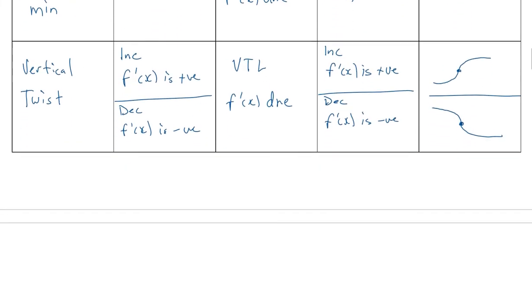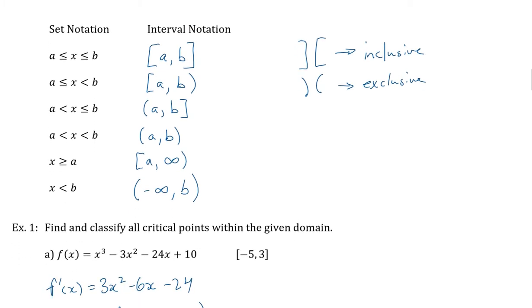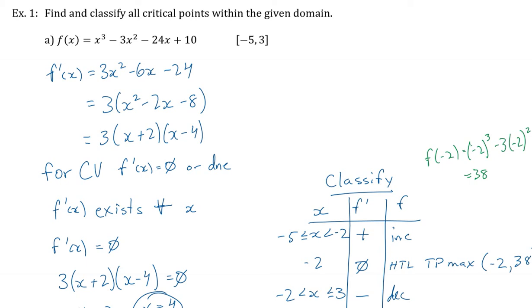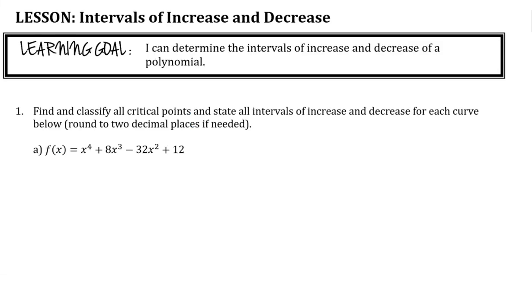The only difference that the lesson today has compared to the first lesson from this unit is that in the first lesson it was in a given domain, and now we're going to do it on the entire domain of the function. So we're going to assess the entire domain, look for all critical points, classify all critical points, and again, that's going to lead into curve sketching.